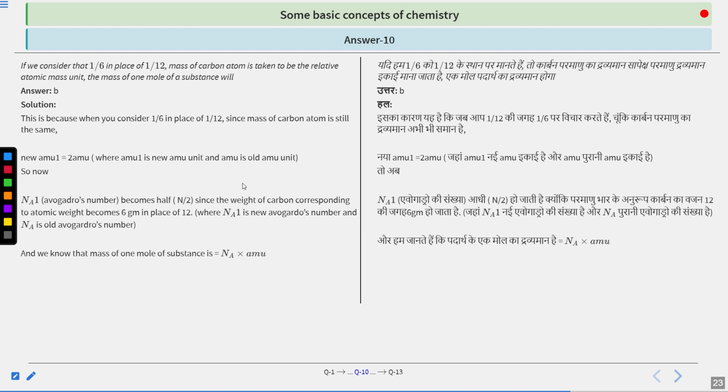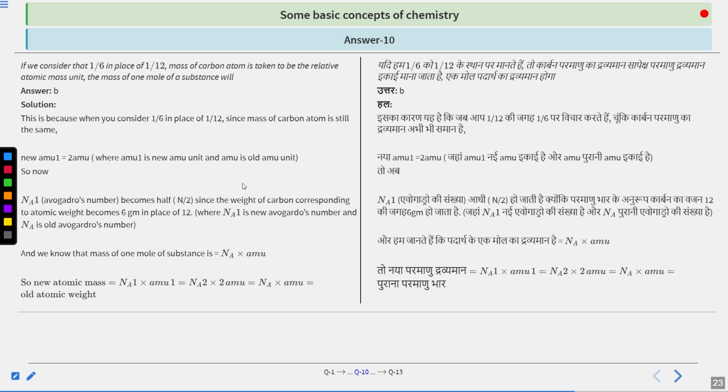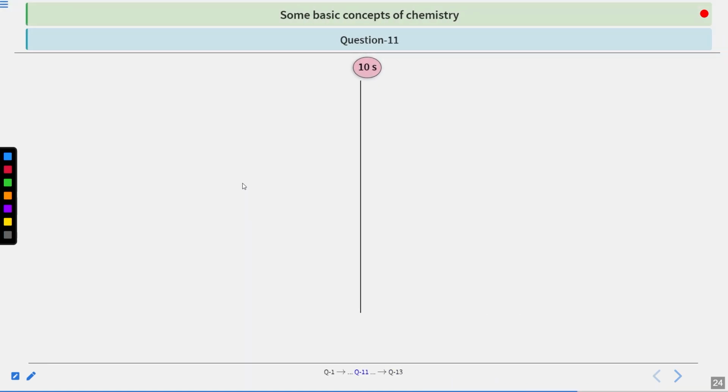And we know that the mass of 1 mole of a substance is Na into Mu. Simple. So if you put all these values, Na1 multiplied by 2 AMU will be equal to Na multiplied by AMU. Okay, so that will give you the old atomic mass.